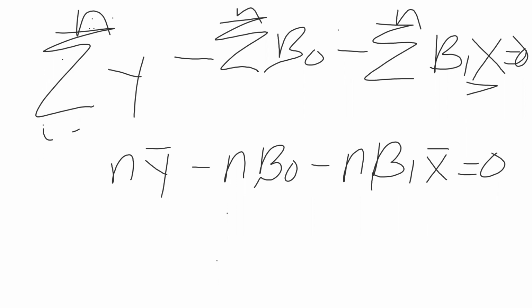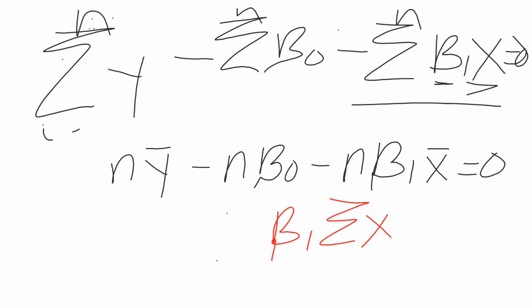Maybe you're getting confused a bit. What you have done here, you can factorize the beta 1 constant, just to make you understand. We can say beta 1 constant times the summation of n x, and I say this is n x bar. The summation of n x is n x bar.